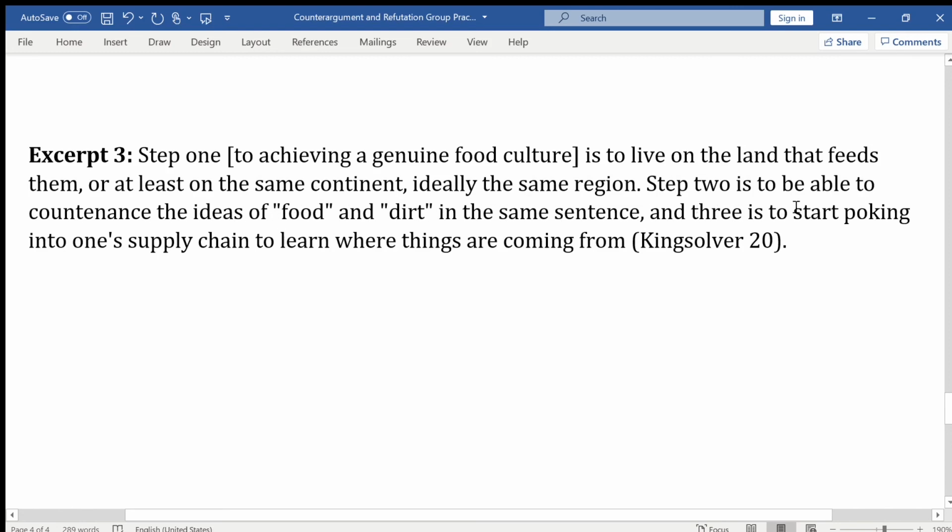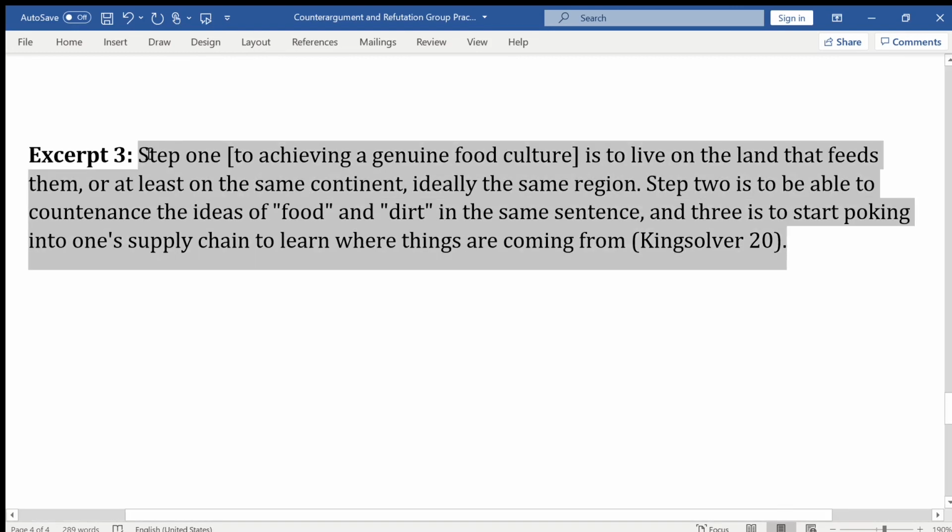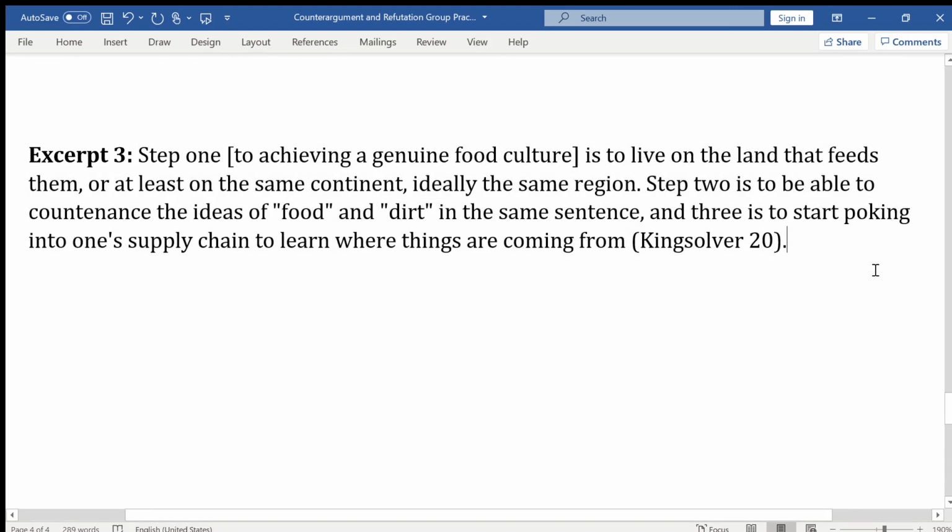And 3 is to start poking into one's supply chain to learn where things are coming from. Kingsolver 20. So again, for this practice, figure out what the argument is in this excerpt, write a counter-argument for it, and then a refutation to that counter-argument.